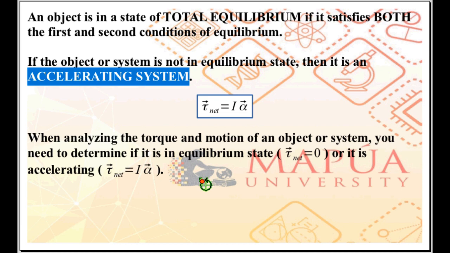Then, using either net torque is equal to 0 or net torque is equal to I alpha, you analyze the torque present in the system. The steps are similar to our net force analysis. So if you know how to do net force analysis, you basically have an idea on how to analyze the torque and motion of an object or system.